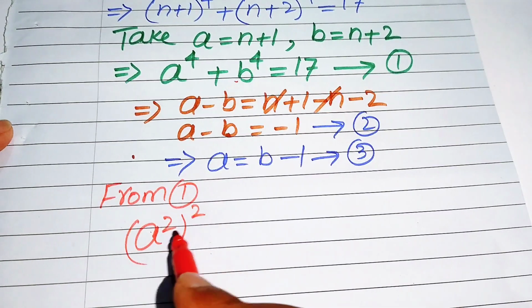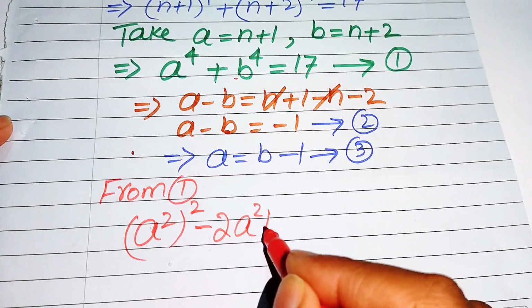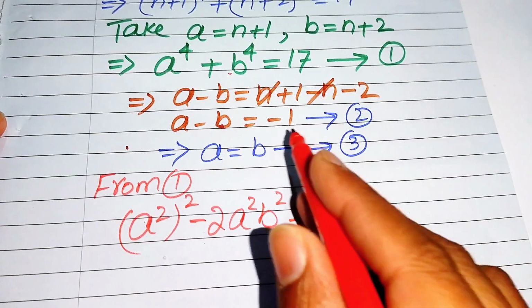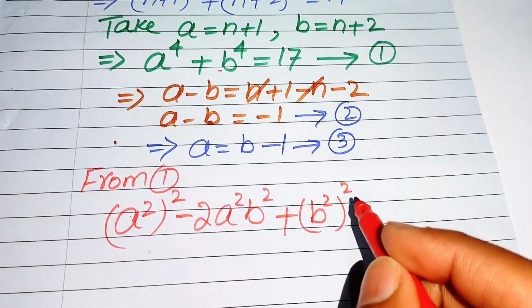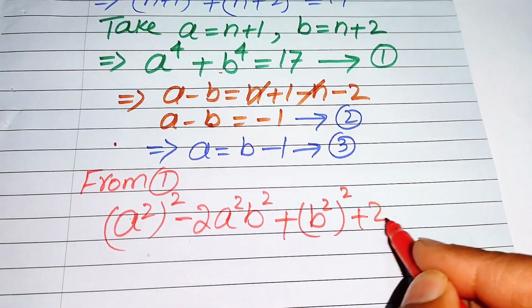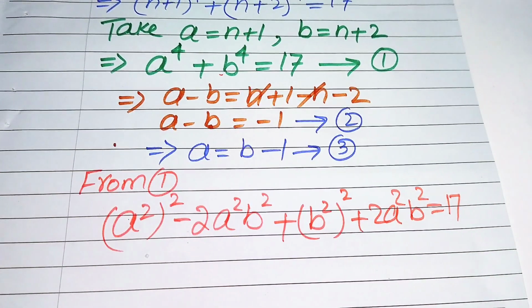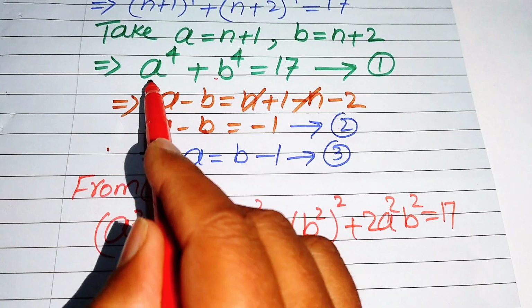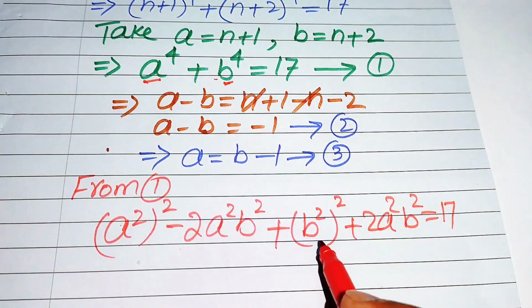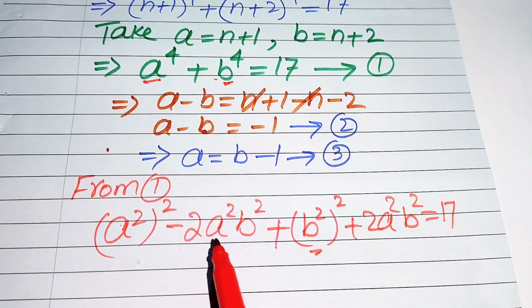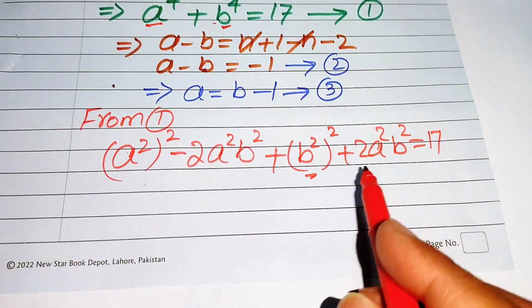We write a⁴ as (a²)² minus 2a²b² plus b⁴ as (b²)², plus 2a²b² equals 17. Here we just write a⁴ as (a²)², b⁴ as (b²)², and we subtract and add 2 times a² and b². So we get this equation.